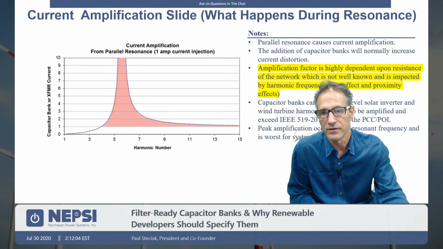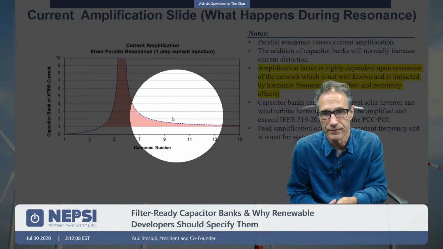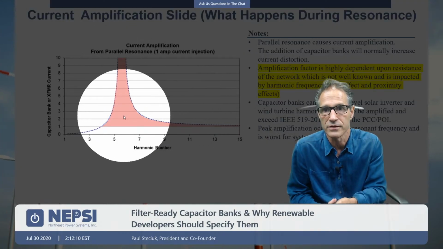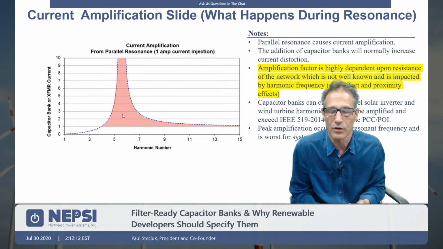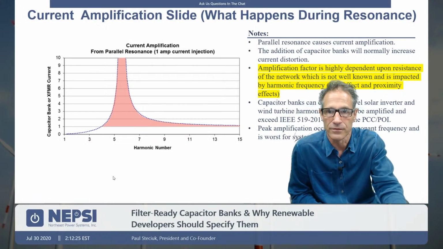Even if my resonance is off, in this case we're showing maybe a 5.5 harmonic resonance here, I'm still getting current amplification, sometimes 2, 3, 4, or 5 times the value that is actually being injected into the system. So current amplification is something to think about.